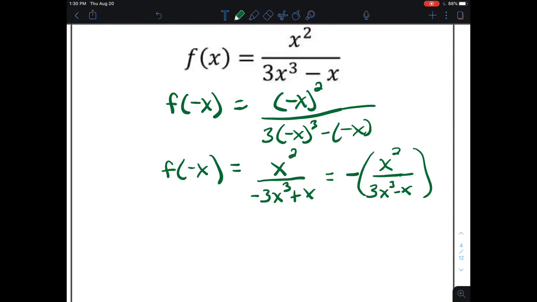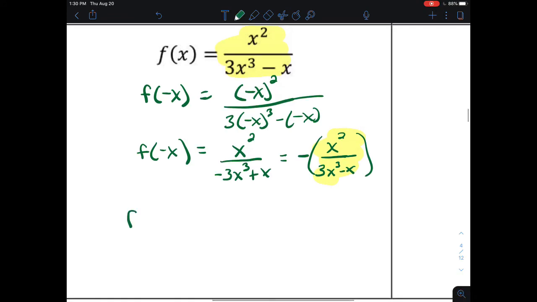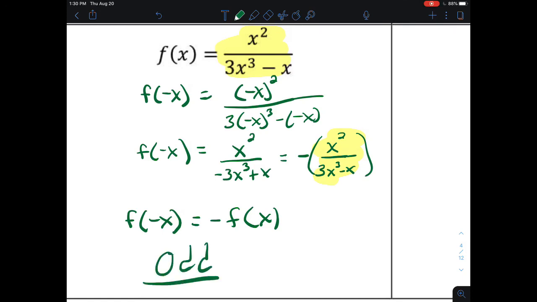And so the even odd test here, if I look at what I have highlighted, I basically have f of x just being multiplied by a negative 1. And so according to our even or odd test rules, if I put in a negative x and that equals negative 1 times my original function of x, that is by definition an odd function.